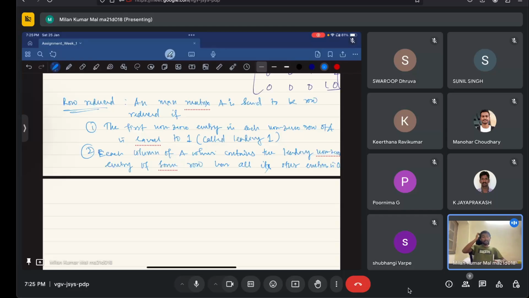So the point is that, first, the first non-zero entry of each row should be 1. Second, if a column contains the first non-zero entry of some row, then all other entries of that column should be 0.